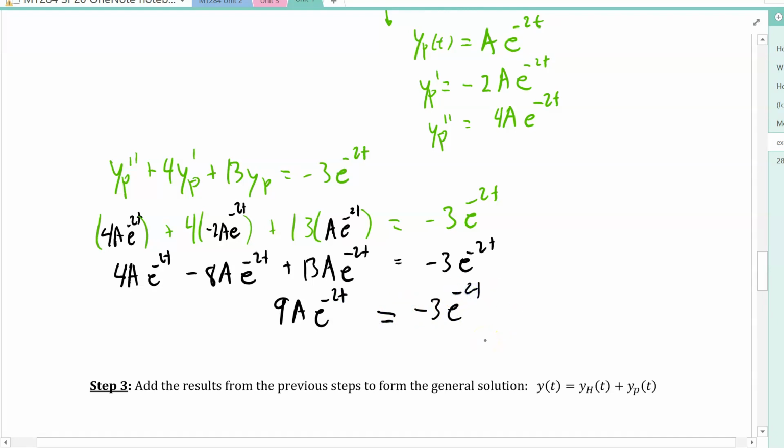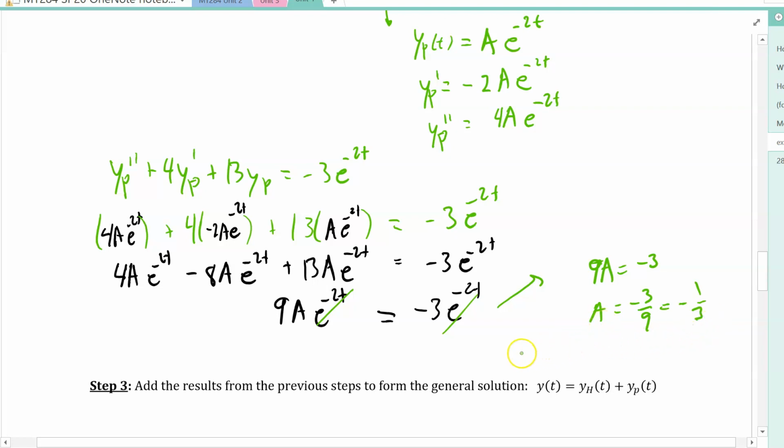Now we can divide both sides by e to the negative 2t. That's a non-zero function of t, so we can cancel those out. So our equation is really 9a equals negative 3. Dividing both sides by 9, we get a equals negative 3 over 9, or negative 1/3.